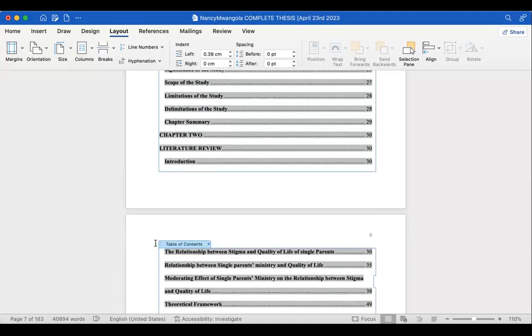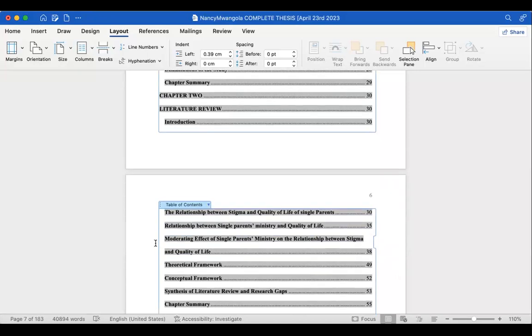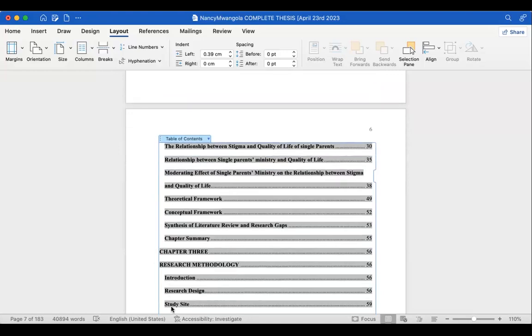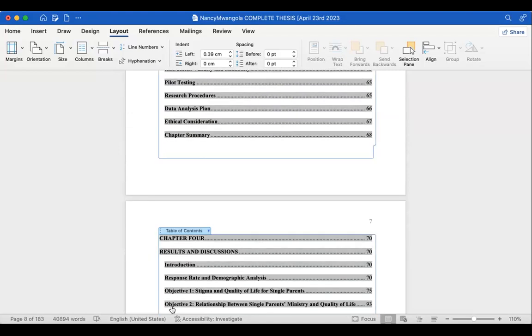I was looking for a level 3 header, but we don't have it here. Because even for the table of contents, in APA 7th edition, ensure that you don't go all the way to level 3. You just use level 1 and level 2. It's the same thing with 300, 301, 302, and so on. Chapter 4, you do the same, 401.